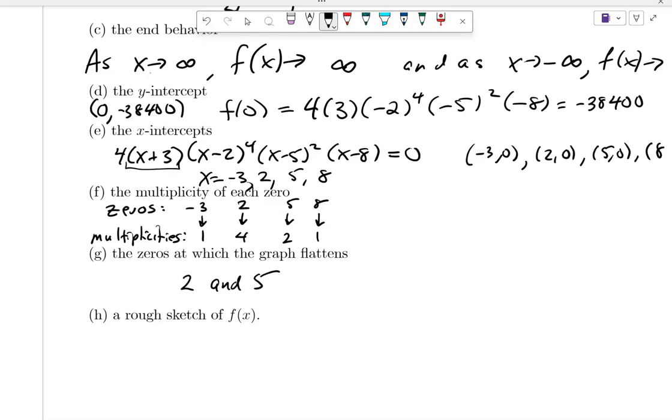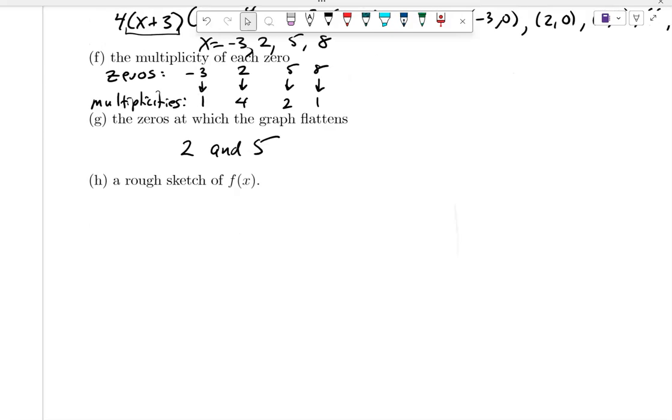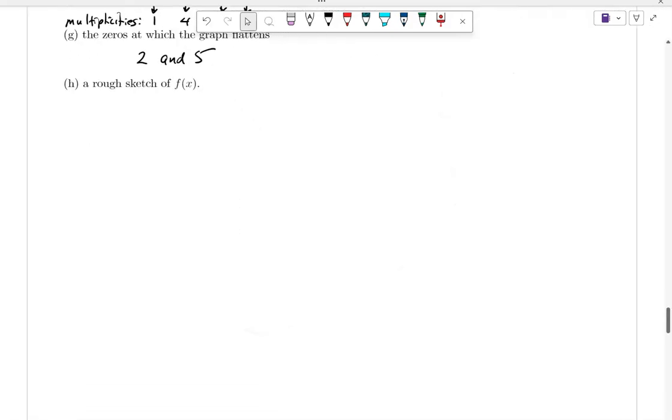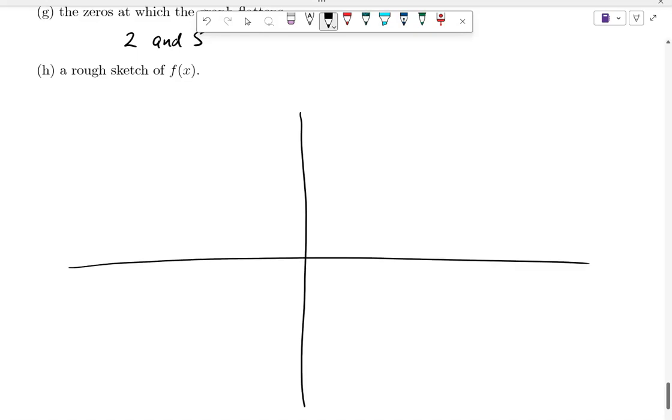That okay? All right. So now we're ready for our rough sketch. And again, really rough, right? We're not looking for fancy. We're looking for rough. All right. We have x-intercepts at negative 3 and at 2, 5, and 8.